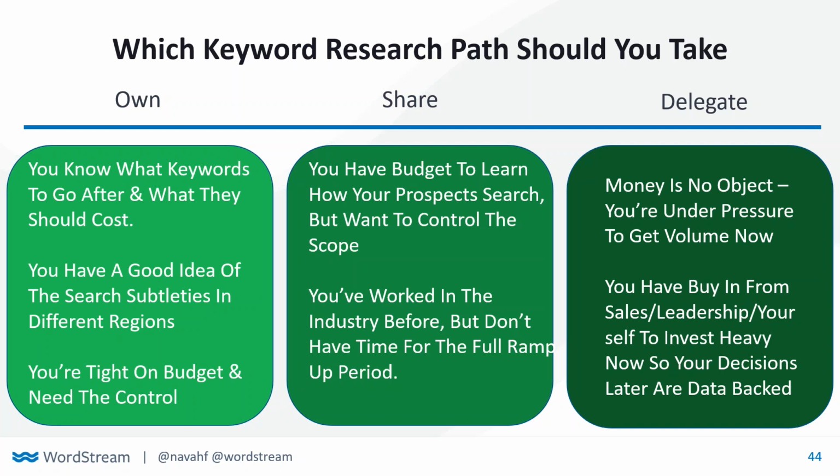You also may have worked in the industry before, but you don't have the time for the full ramp-up period. This is particularly true for agencies who have clients that are aggressive for volume now and maybe don't quite understand exactly what they need. So this is kind of a good way to meet what they feel they want, but also still deliver value.